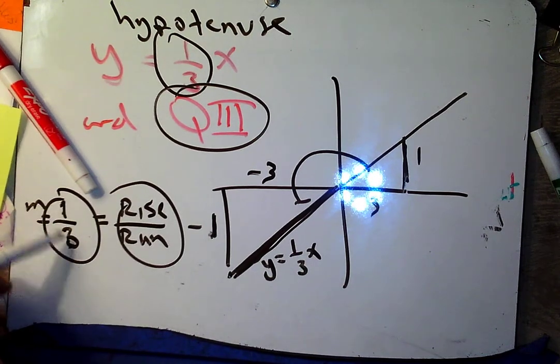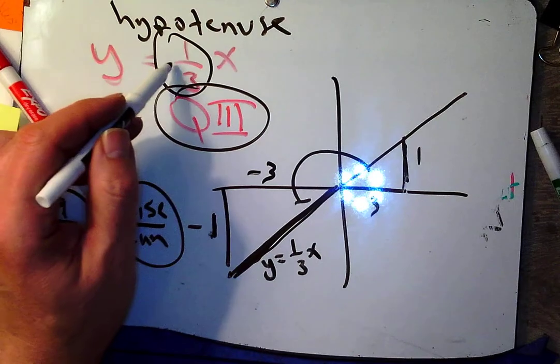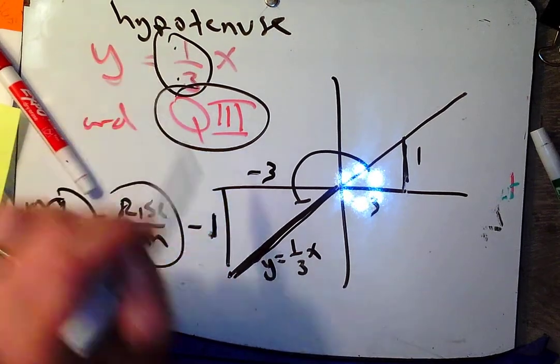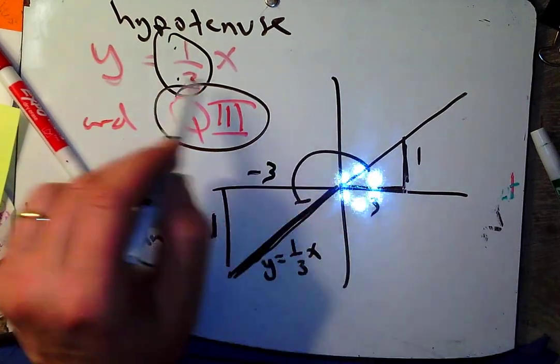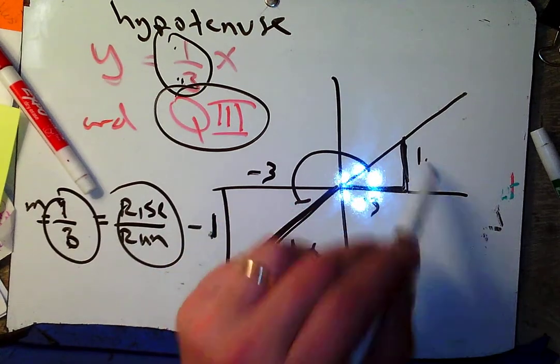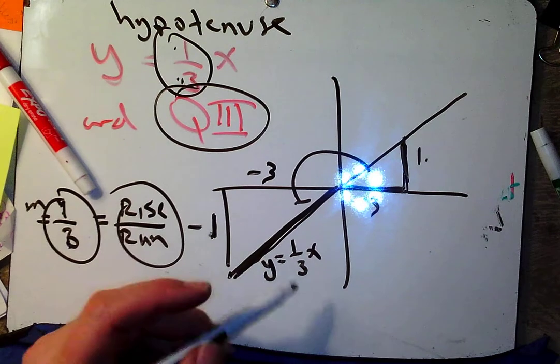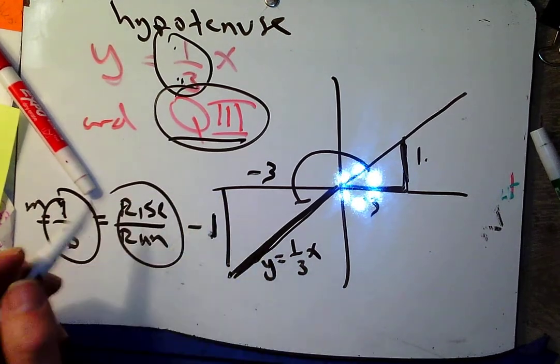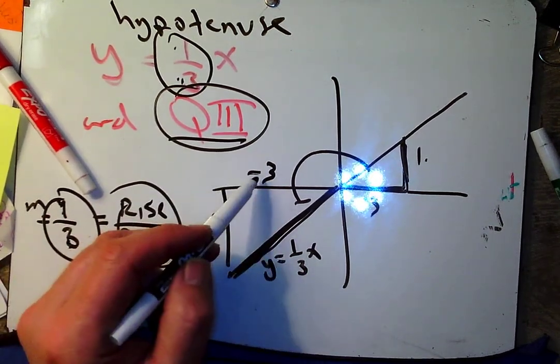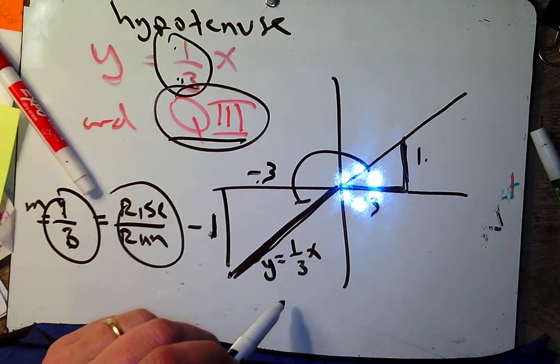I had 1/3, right? Positive slope, change in y's over change in x's. Change in x's is 3, change in y's is 1. Fabulous, 1/3. Except that because we're here, this has to be a -1 and this has to be a -3.